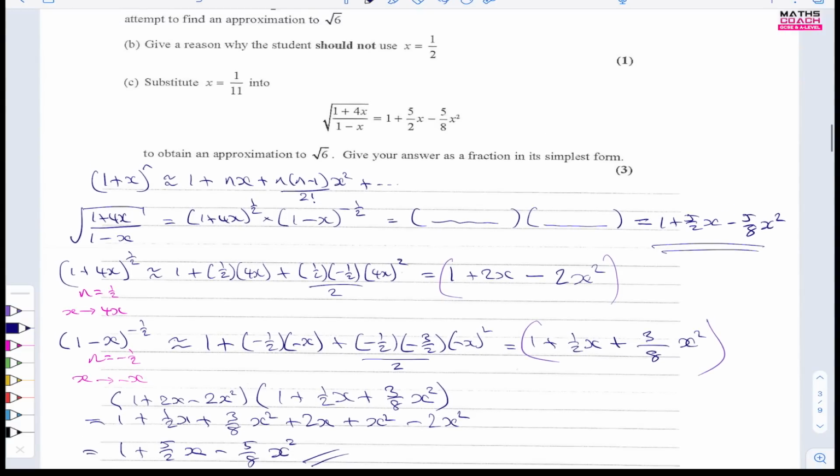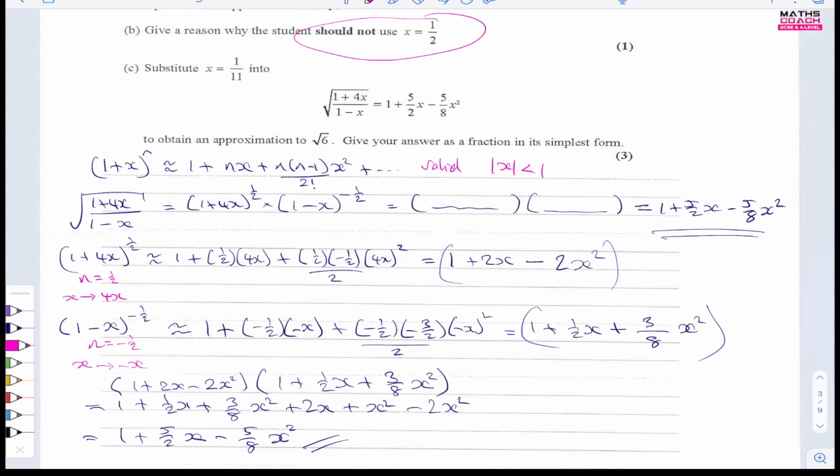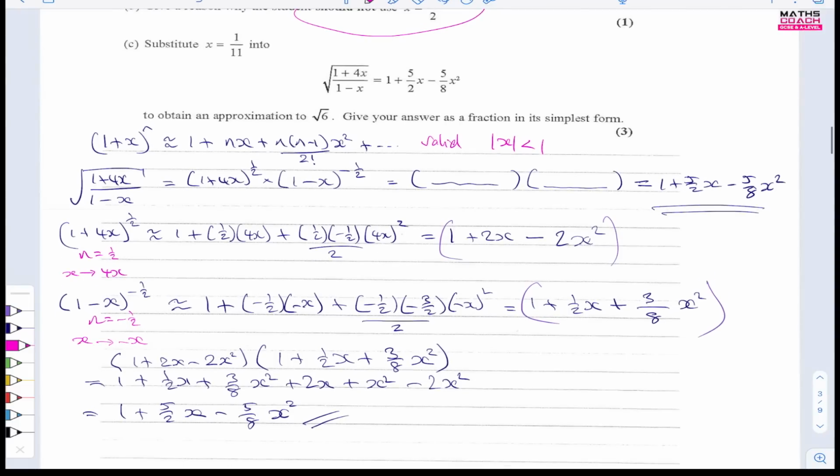Now, going back to the formula, the original expansion at the top is only valid for the modulus of x less than 1. Question B says, give a reason why we shouldn't use x equals a half. Well, it may be valid for the original formula where modulus of x is less than 1, but for our expansion, we said that x is switched with 4x.